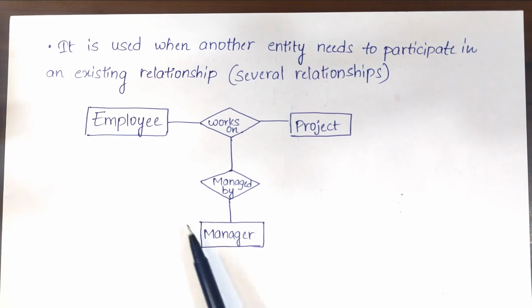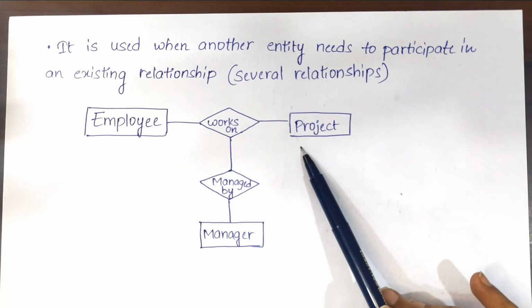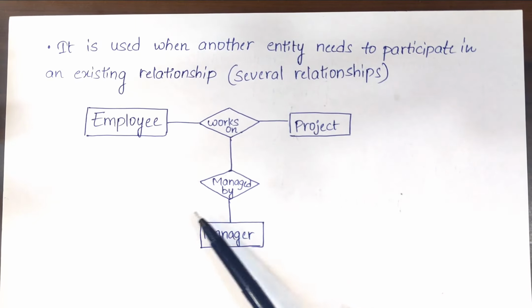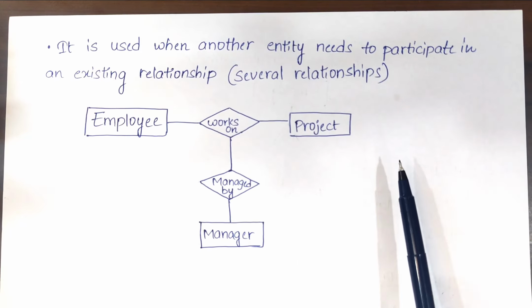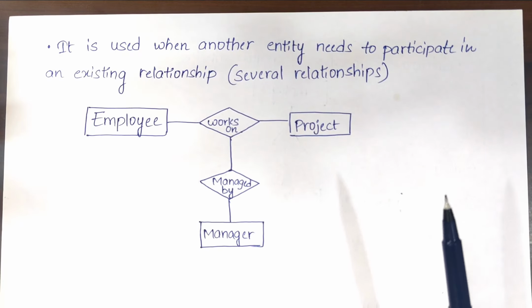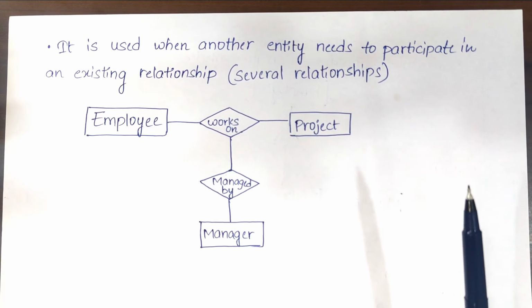Here the manager is not connected to the employee and is also not specifically connected to the project. He is just supervising what the employee is doing on that project, right? This is what is meant by aggregation. Aggregation is generally used when another entity is willing to participate in that specific relationship, to create more understandability of that relationship.